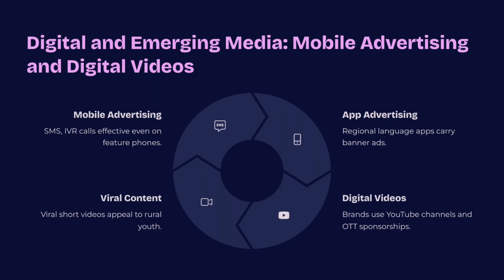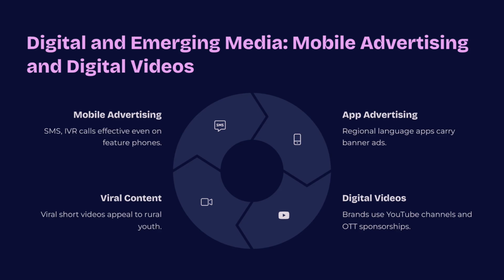Even without smartphones, simpler digital outreach is conducted via SMS and IVR, that is the interactive voice response calls. Many companies send SMS alerts about schemes or offer toll-free numbers that farmers can call to hear recorded advertisements or advice in their language.